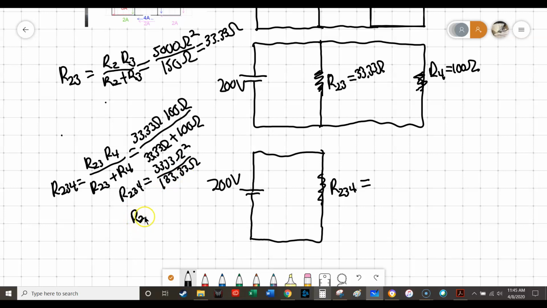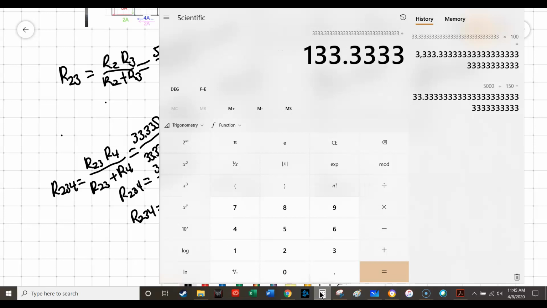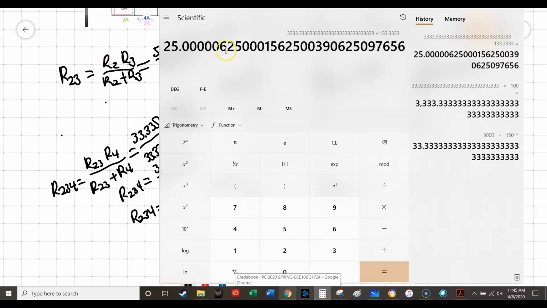Now we know R234 is going to be the product of those two divided by the sum. So I'm going to divide this by 133.3333, and you get 25.